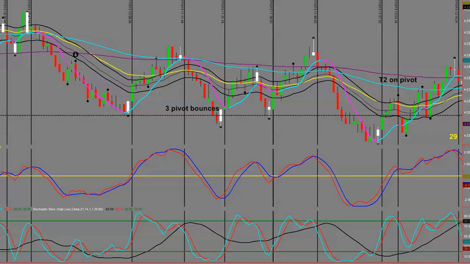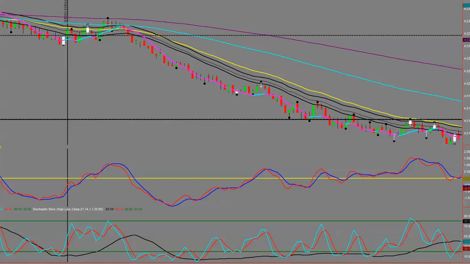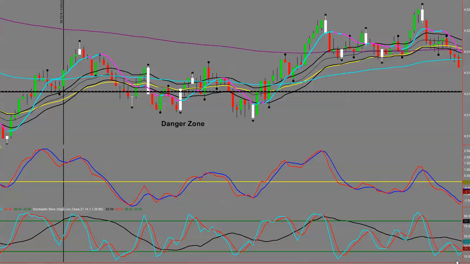Now further along, you can see here we then come down, we test it here, and for my students that are watching this, you can see here we then had a T2, but the comment I wrote up here as we were trading was that was right on the pivot. You want to be very cautious when you're trading up against a pivot, and there's something I want to show you here on that, which I think I wrote in further along.